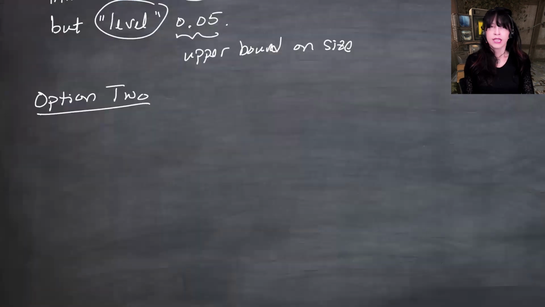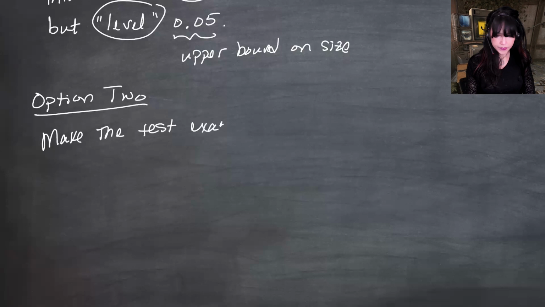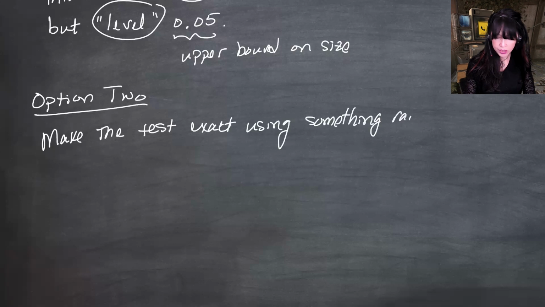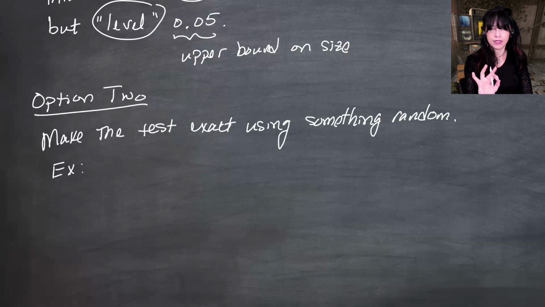Option 2 is to make the test exact using something random, like look at some of the x's and say, oh, it's greater than or equal to 16, and also I flipped some coin and got heads. Seems a little weird because it doesn't involve the data, but it'll get you to the actual size you want. So for this example, it's the same example, but it's an example of something random.